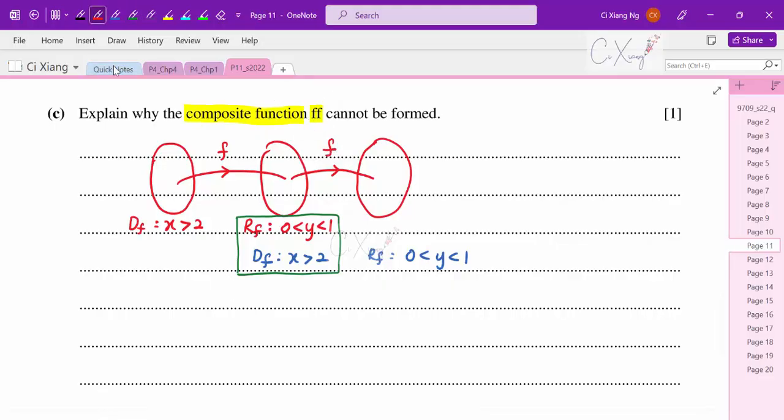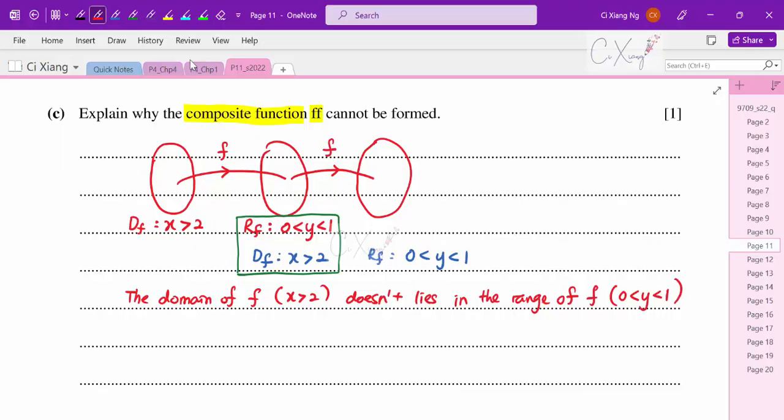Alright, so you can make a simple explanation on this. You can say that the domain of f, which is x greater than 2, does not lie in the range of f, where the range of f is between 0 and 1.